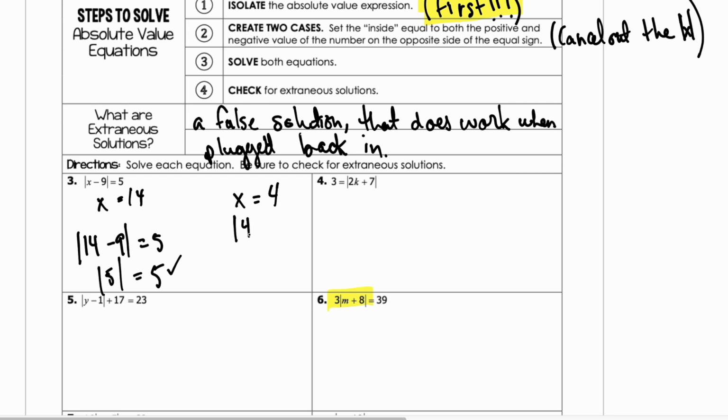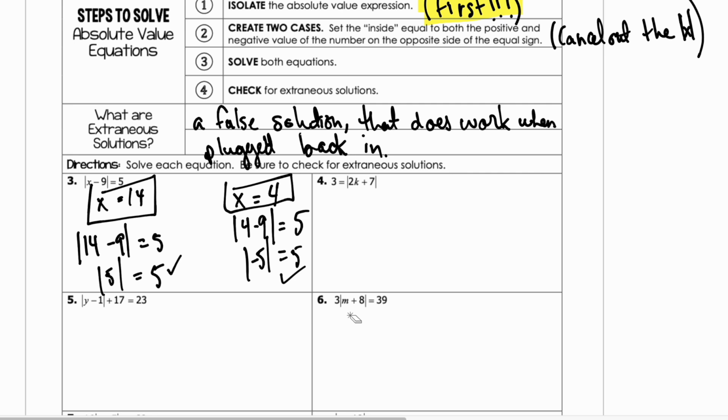So we have the absolute value of 4 minus 9 equals 5. And so 4 minus 9 is negative 5. And we know that the absolute value of negative 5 is 5. So that checks out as well. So we know that both x equals 14 and x equals 4, those solutions work, and we're done with number 1.